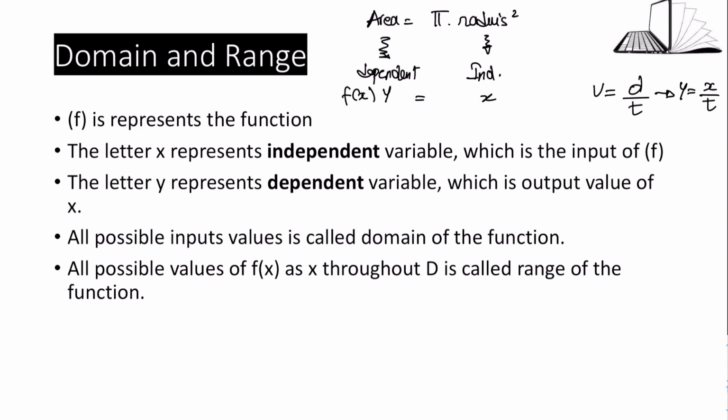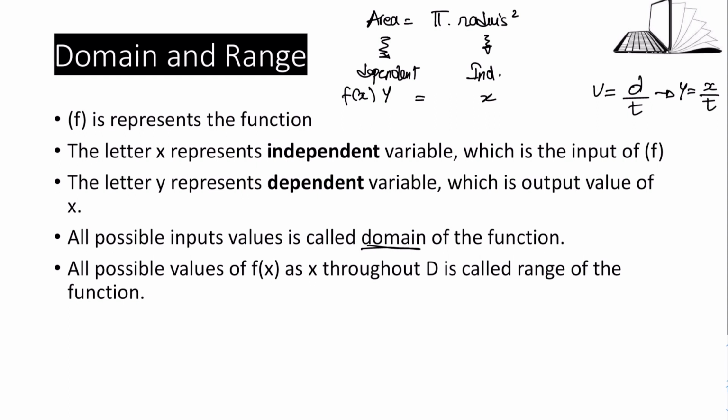Now, what is the domain? The domain is actually all the values that x can vary in. All the input values that x can take are called the domain. All the possible values that the function f of x, or y, can take are called the range.